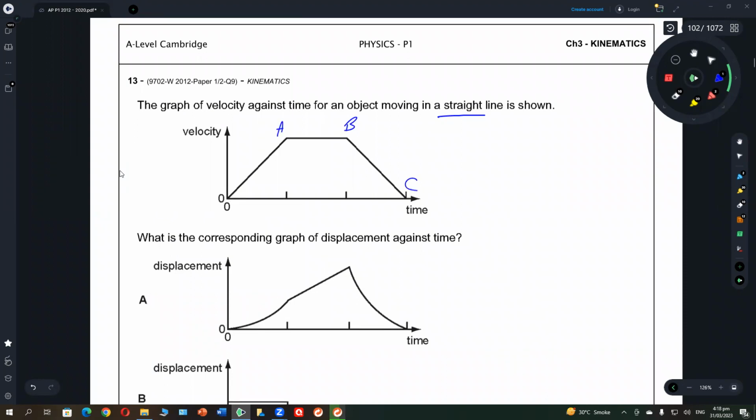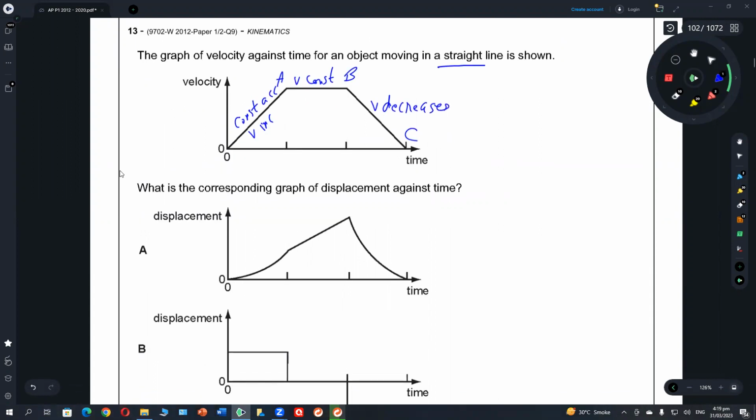For the first part, OA, constant acceleration, velocity increases. Here, velocity becomes constant, and here velocity decreases. Now, which graph suits us?